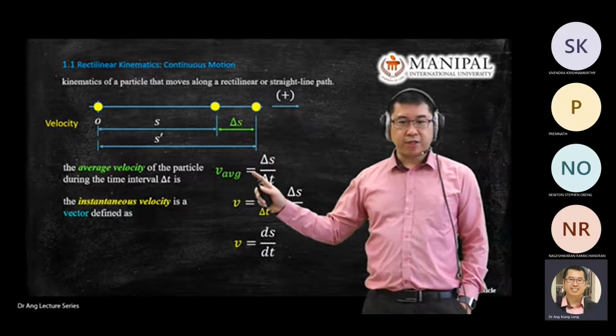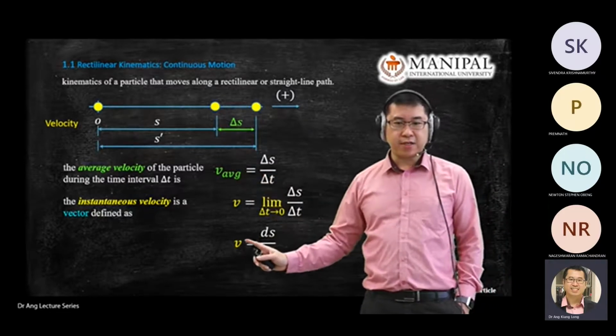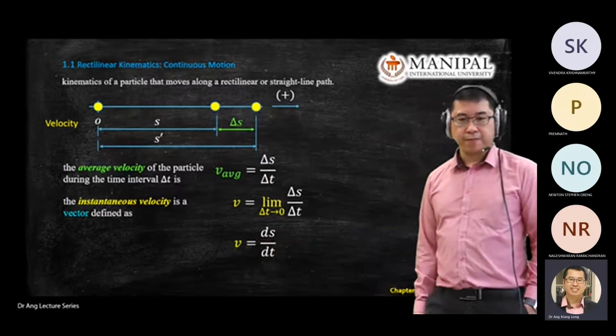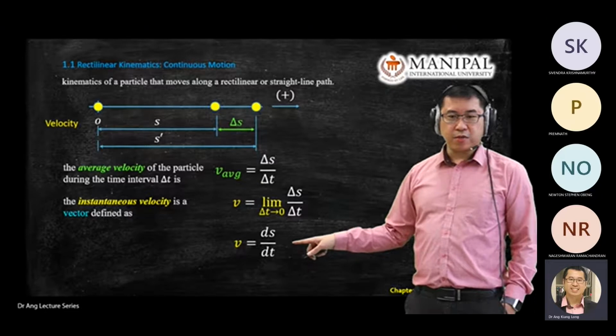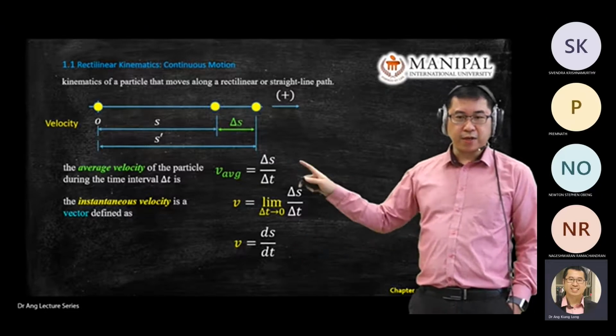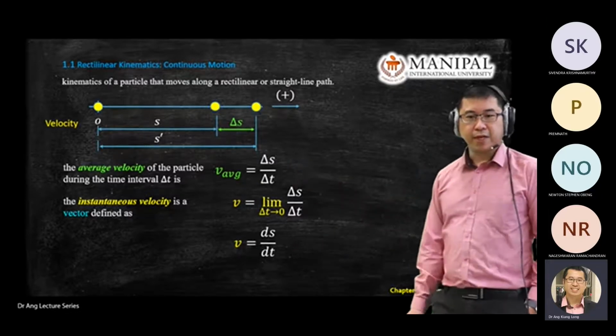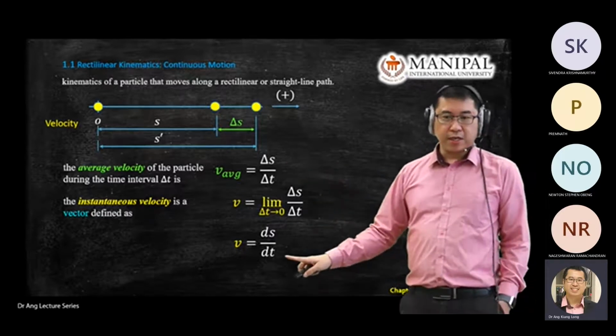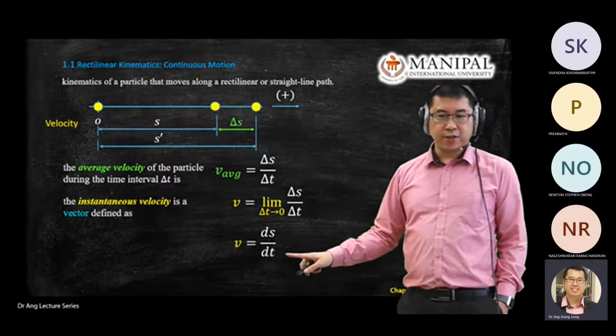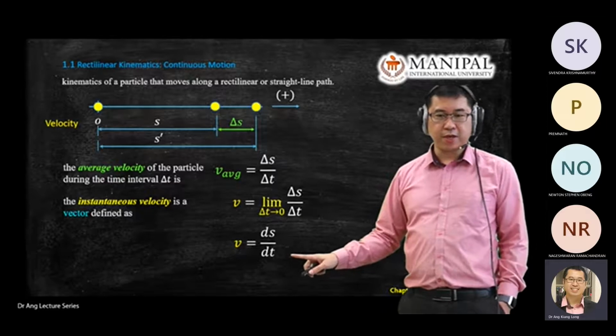One is average, one is instantaneous velocity. For this module, we will always use this one rather than this one. Okay, so this one you learn in your statics. In engineering dynamics, we will use this set of equations.